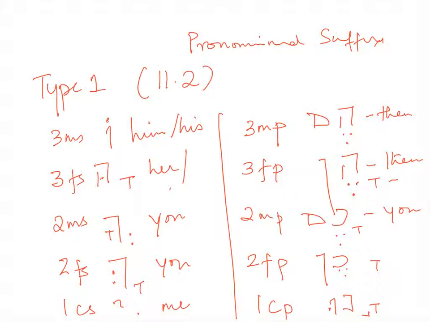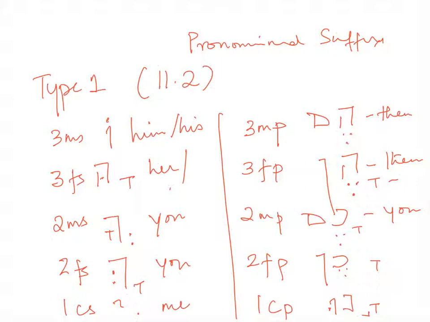That is them if it is objective, otherwise it is their. 2mp is kem, you if it's objective, or your if it is possessive. 2fp is ken, that is you if it's objective, otherwise your if it is possessive. And 1cp is nu, us if it's objective, otherwise our as possessive.